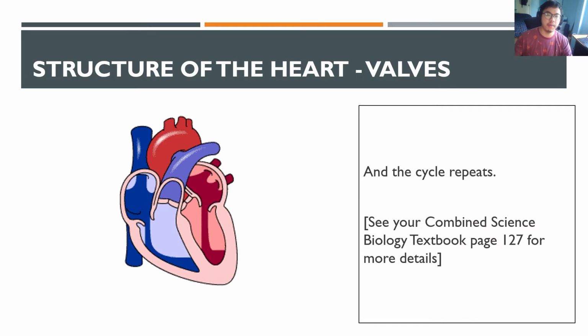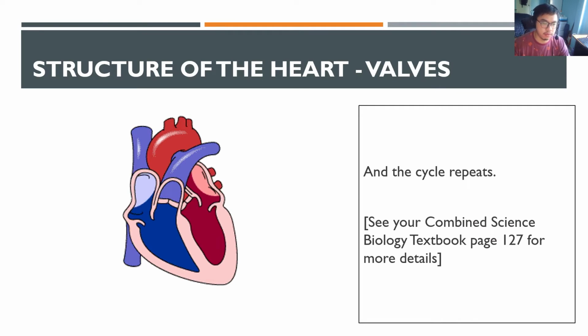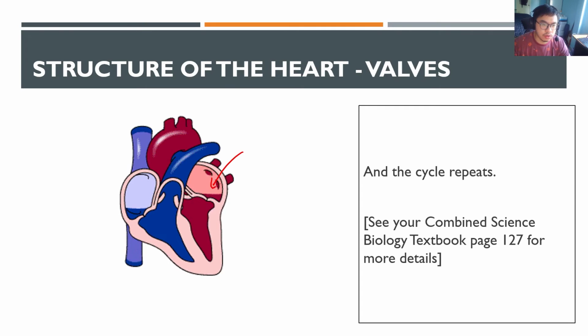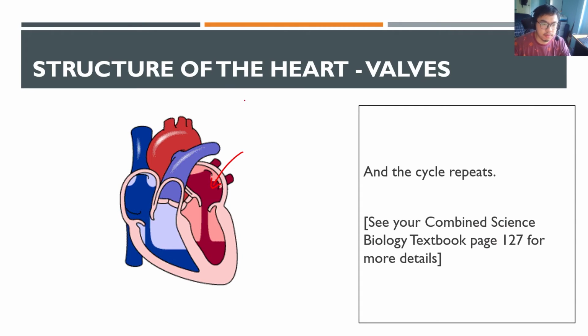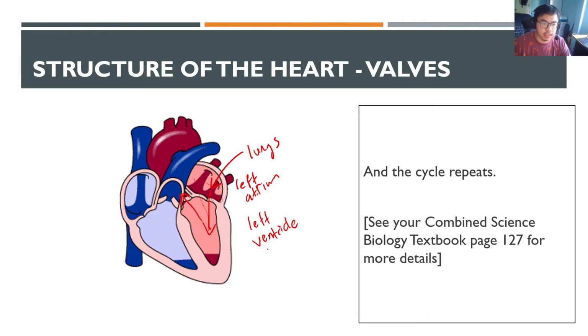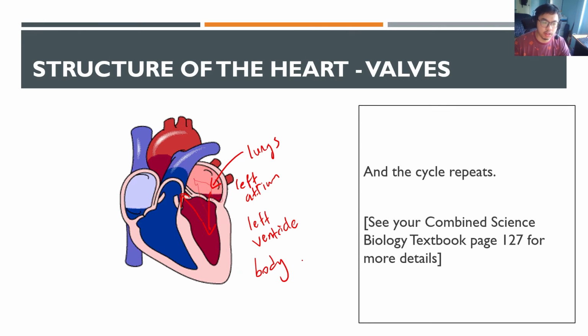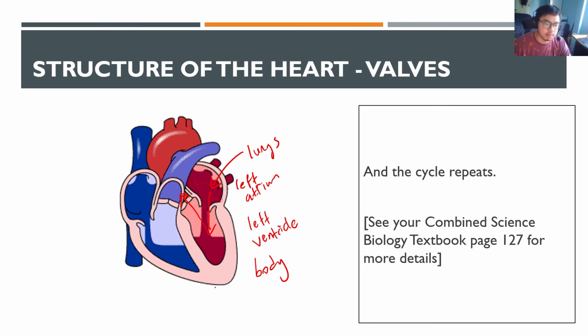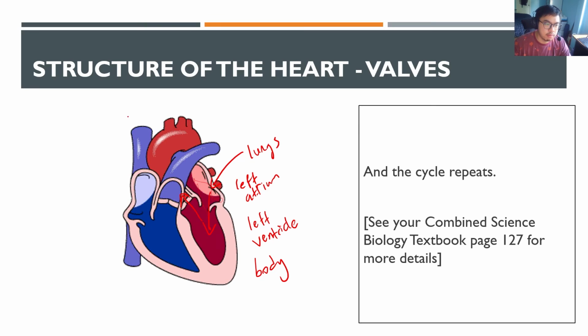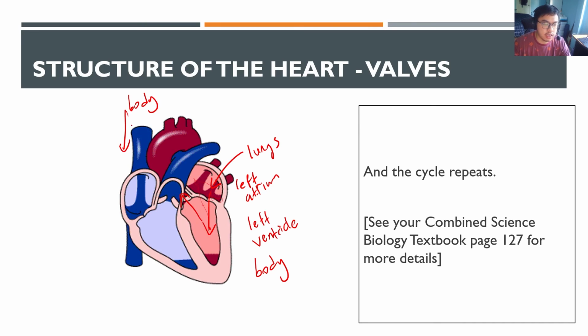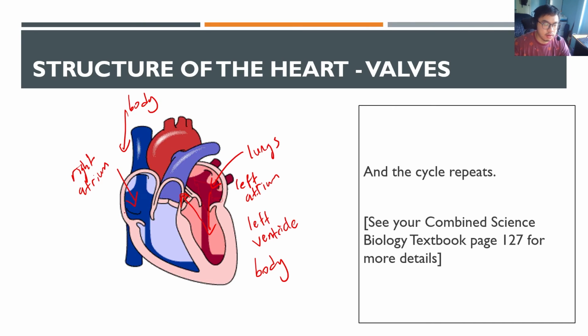And then lastly, make sure you know how the blood flows. The blood flows from the lungs to the left atrium, and then from the left atrium to the left ventricle. And then from the left ventricle, the blood moves to the rest of the body. Once the blood moves to the rest of the body, the blood then goes back to the heart and into the right atrium.